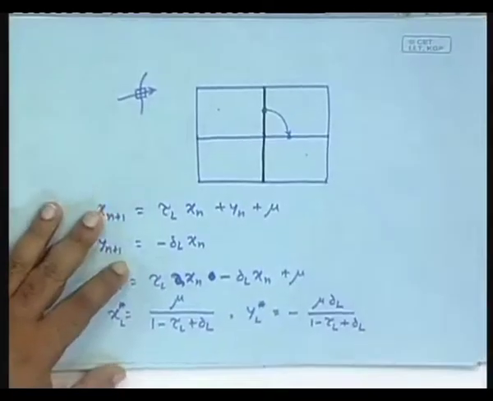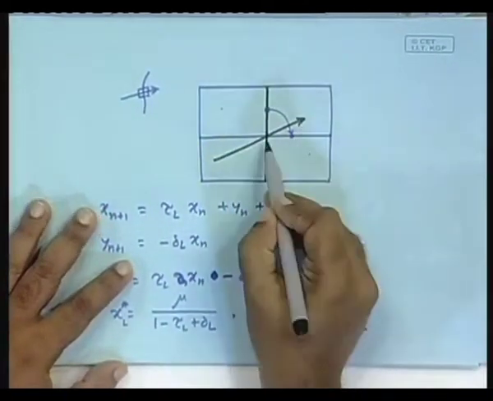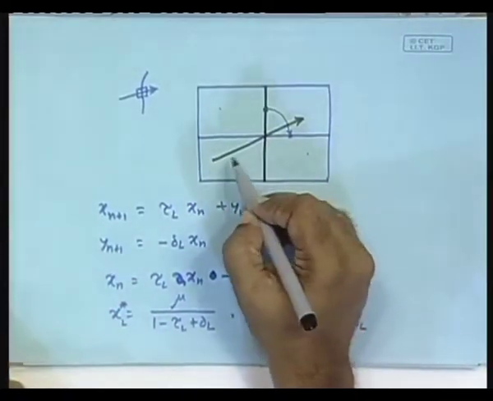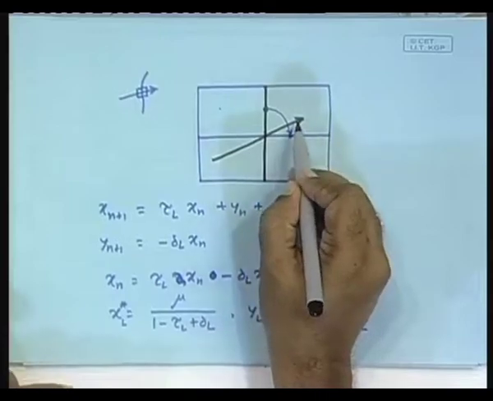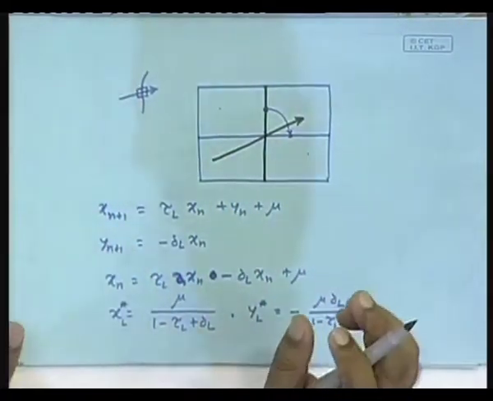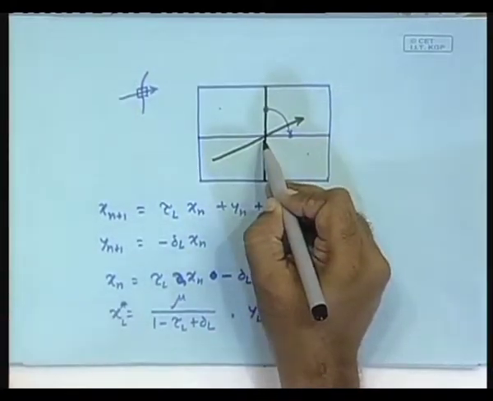So, which means that as the parameter is varied, you have a fixed point crossing like this, and at mu equal to 0, it is on the origin. From this side it crosses the origin, it may not cross also, but nevertheless in general, in order to understand, you can say that at mu equal to 0, the border collision occurs.